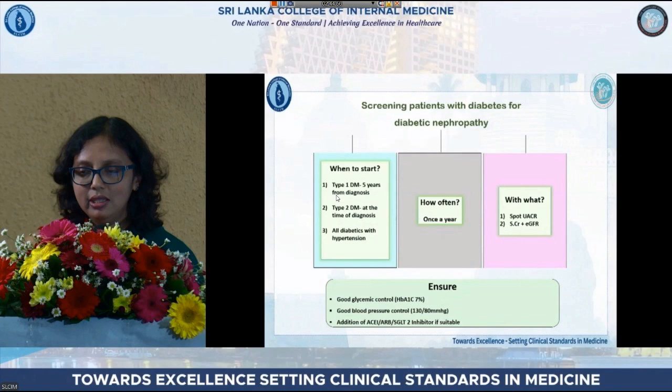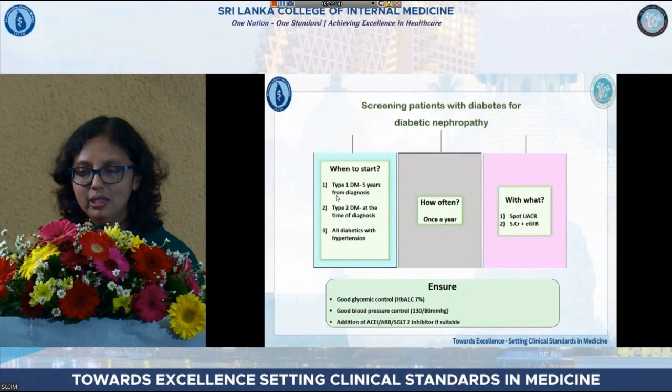The second thing is good blood pressure control, which is closely linked with reducing the onset and progression of nephropathy. Depending on your patient this might change, but in general we want it to be below 130/80. So those two things are vital and should be considered in all your diabetic patients.